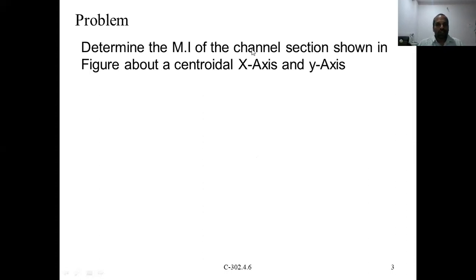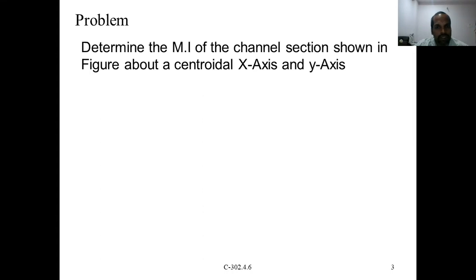Once again, in general, if it is in the form of a C, it will be unsymmetrical about the... I'm very sorry to say that it will be symmetrical about the x-axis in some cases, or in some cases unsymmetrical about both axes, but generally it is always unsymmetrical about the y-axis.